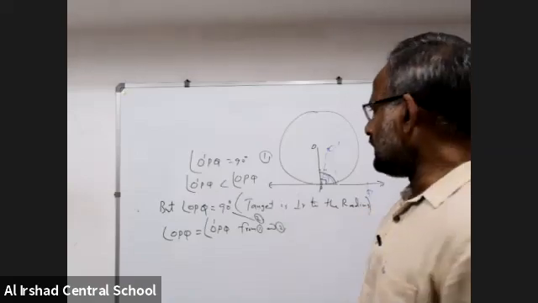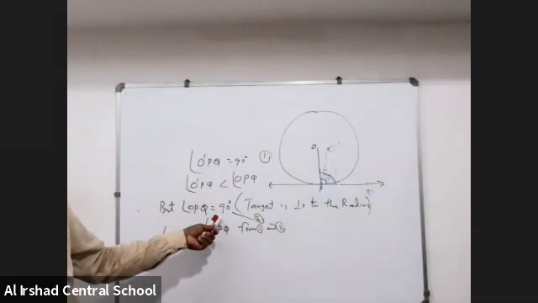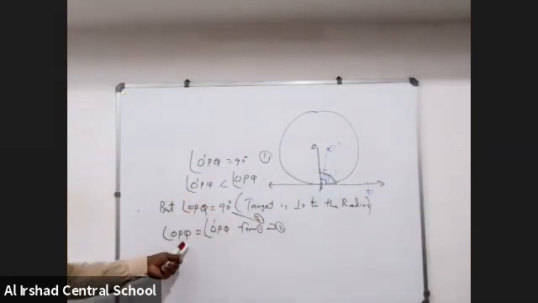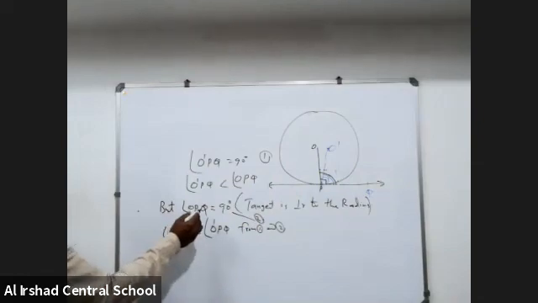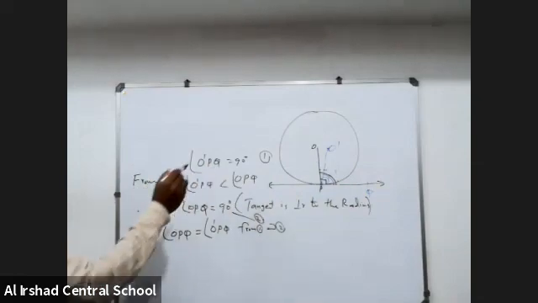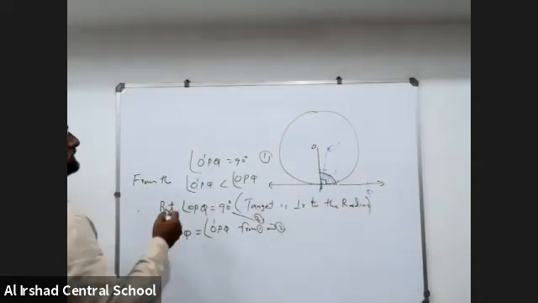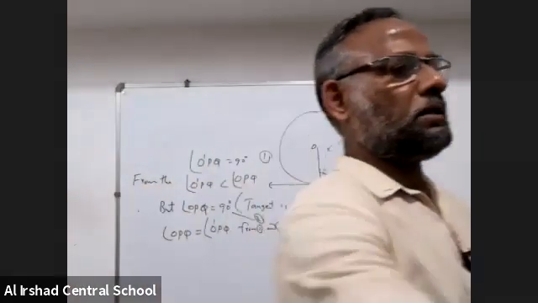After that, tangent and radius: OP is the radius. That is 90 degree. So from 1 and 2, OPQ is equal to O dash PQ. But from the figure, what are we getting? Look at the figure. O dash PQ is less than OPQ. That is why O dash and O are coincident. Okay, I think you understood.